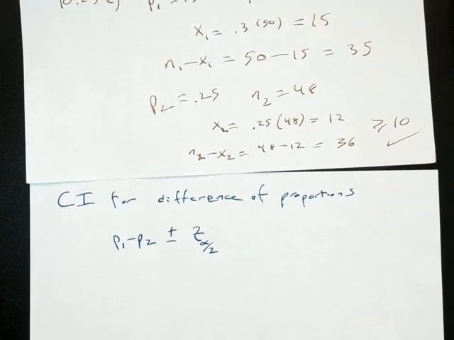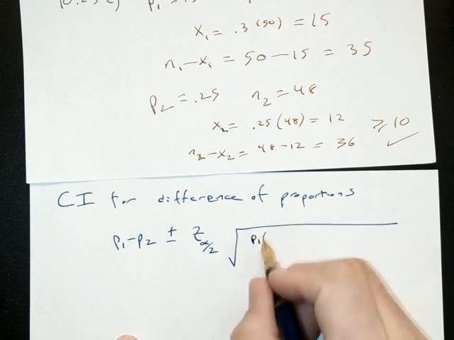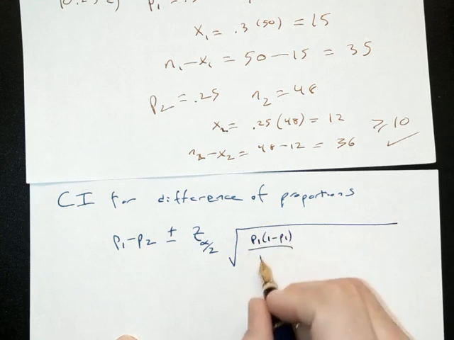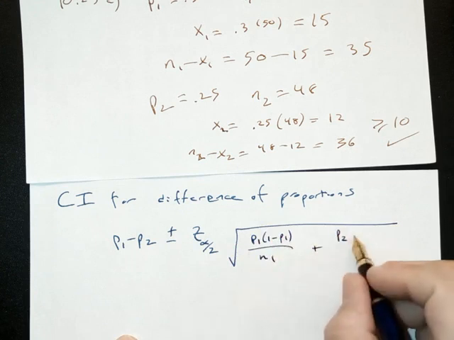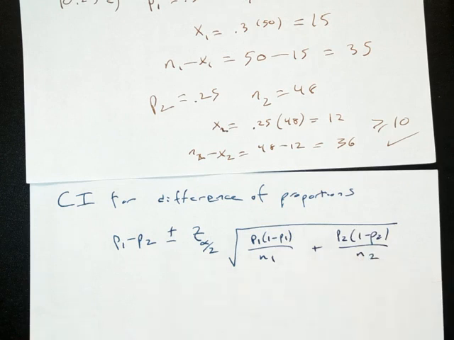But then I've got to multiply by the standard error, right? Standard error, like I said, was really ugly. So if I'm using a 90% confidence interval, then my alpha is 0.1.